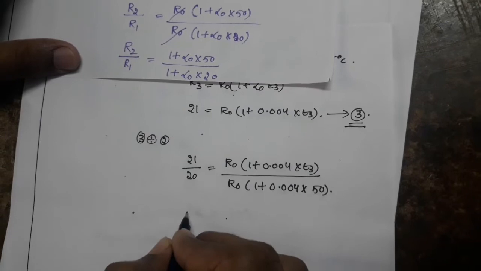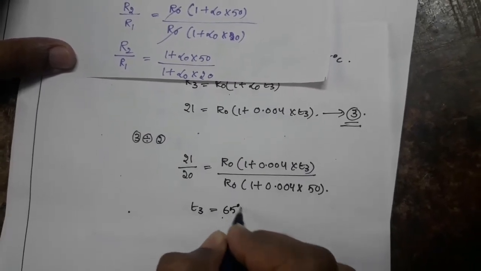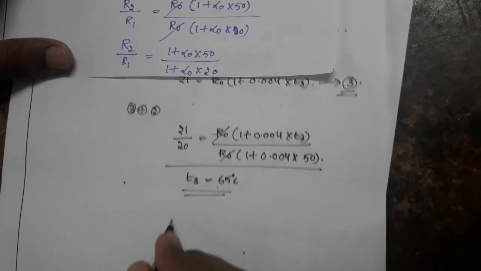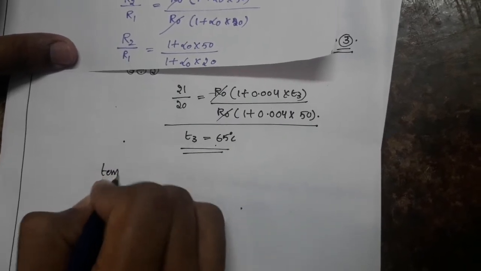R naught gets cancelled. So from this we will get T3 equal to 65 degrees centigrade by solving this.